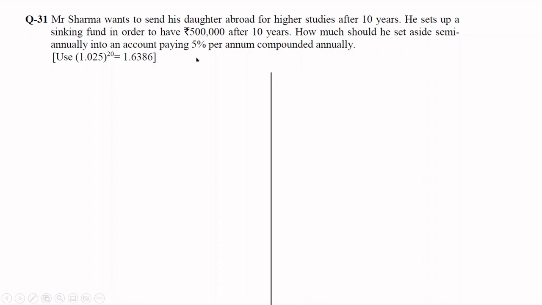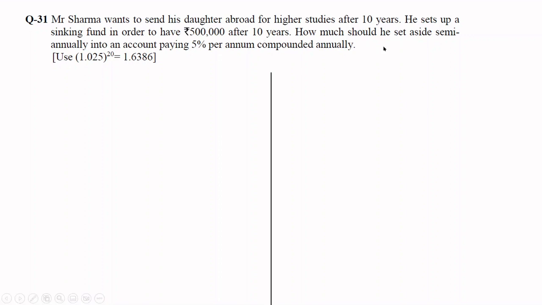So here we can see that this is a sinking fund question. They have given it in the question itself. Mr. Sharma wants to send his daughter for higher studies after 10 years, and the amount required is rupees 5 lakhs. So for this purpose, a sinking fund is set up to have this much amount, rupees 5 lakhs after 10 years.